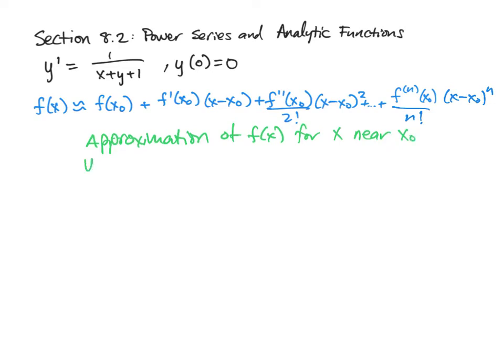And we can say it usually gets better for larger n. So that means that the more terms you add to this Taylor series, the better of an approximation you're going to get to your original f.